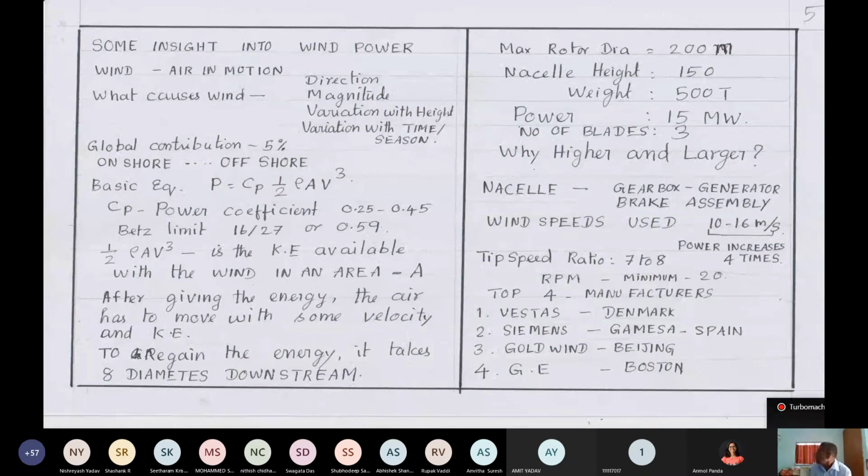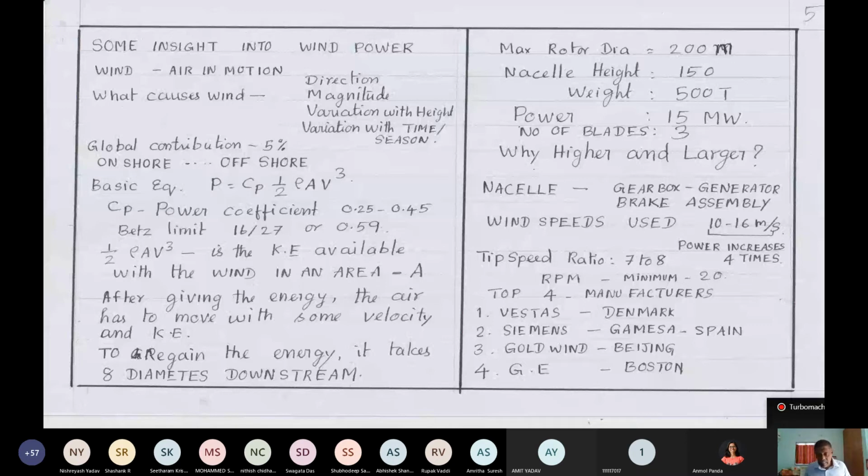Now, next thing is why people go for higher and larger wind turbines. Should we struggle to go so high, 200 meters, 300 meters, there is no end to it, and larger means rotor diameters of 200, 300, 400 like that.